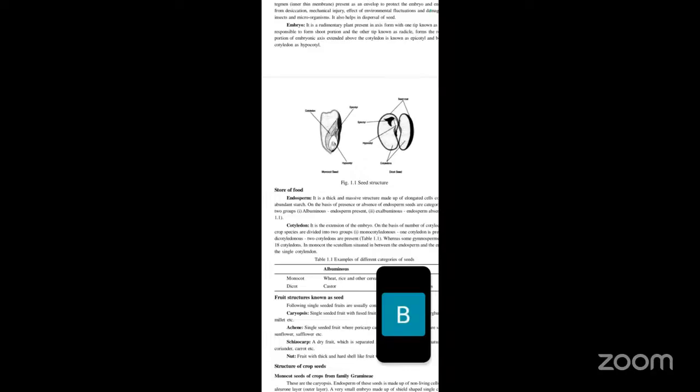To overcome it artificially, use alternating warm and cool temperatures, or hormones such as GA3.